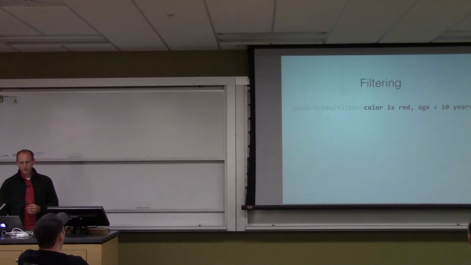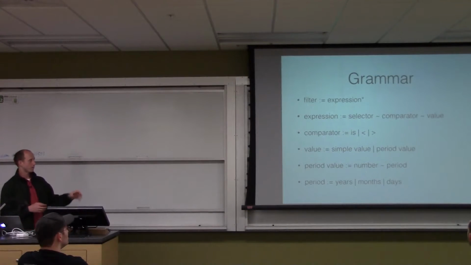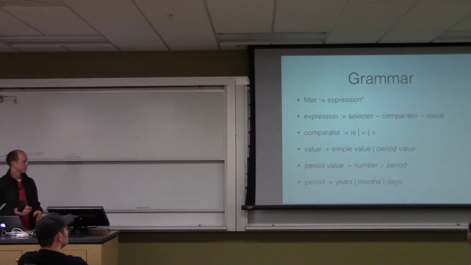From that, we built an informal grammar. This isn't following any sort of IEEE specification or anything, but it's just saying, this is how we're going to break up that query into its constituent parts until we get down to the leaf nodes, the bottom.